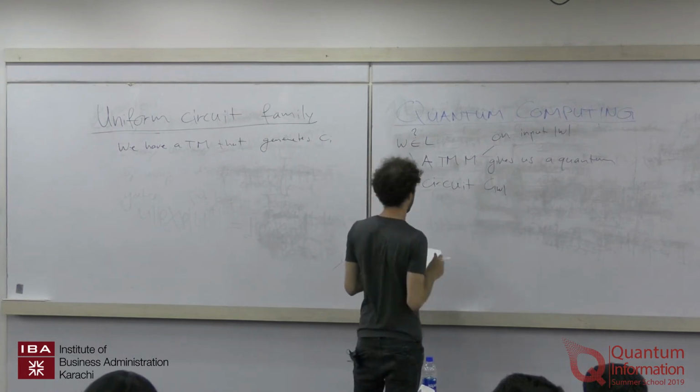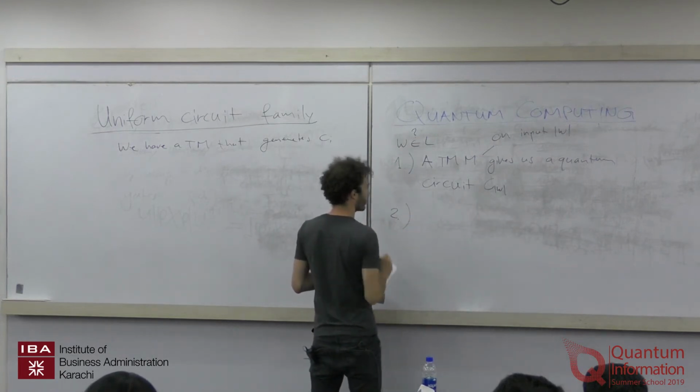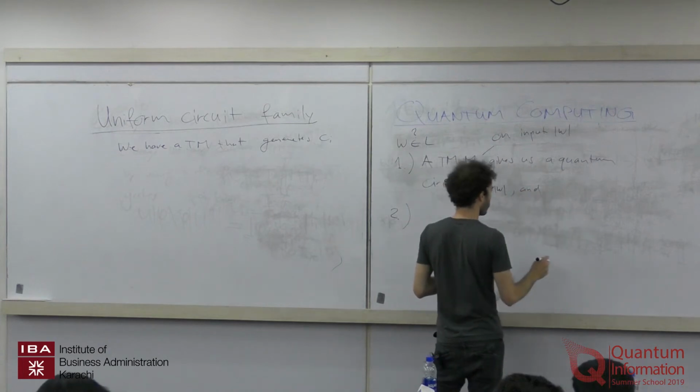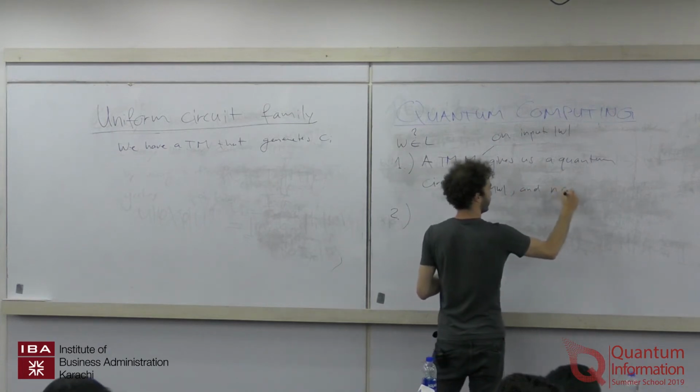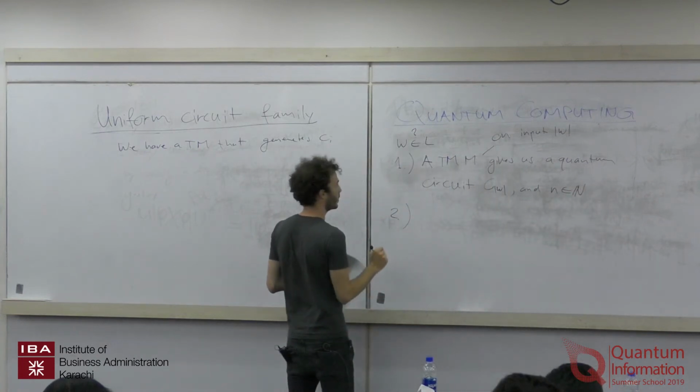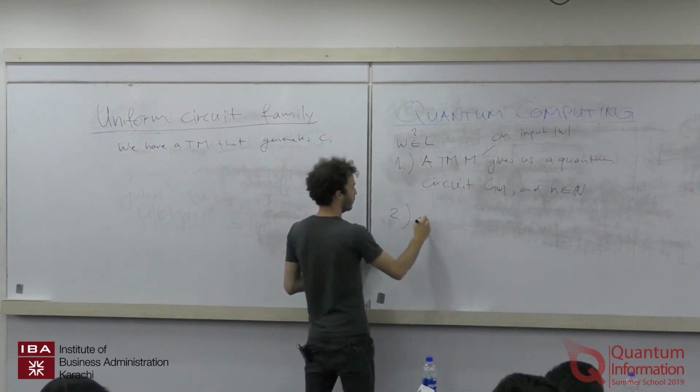This gives us a quantum circuit C_w, and a number n. You will see why.